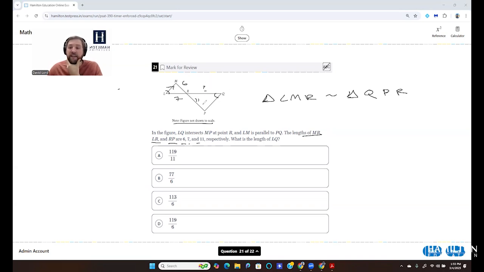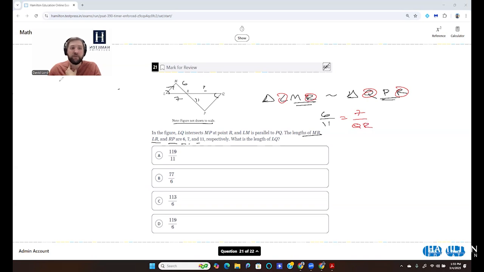Well, one thing we did is we made up the fact that these triangles are similar, which means that the sides are proportional. So MR must match up with PR. So that means 6 over 11. And then LR must match up with QR, which is conveniently what we're solving for.